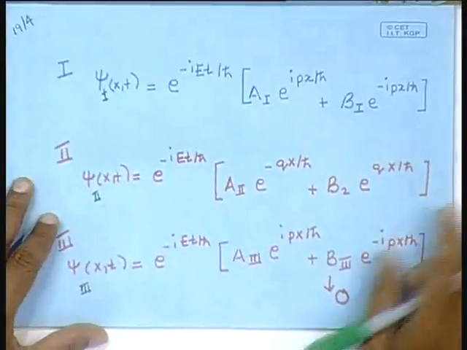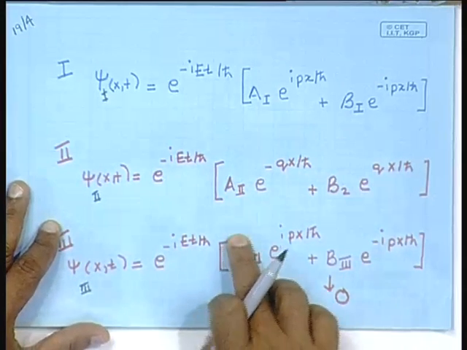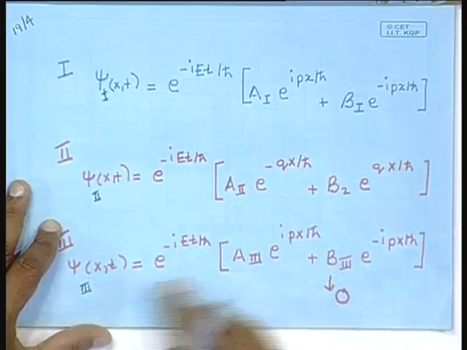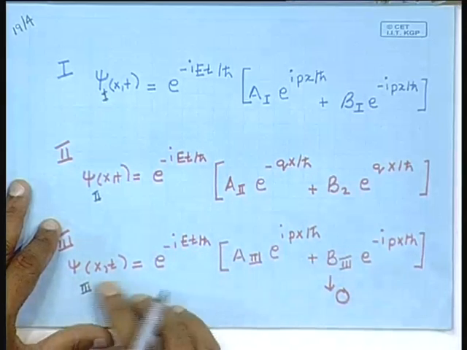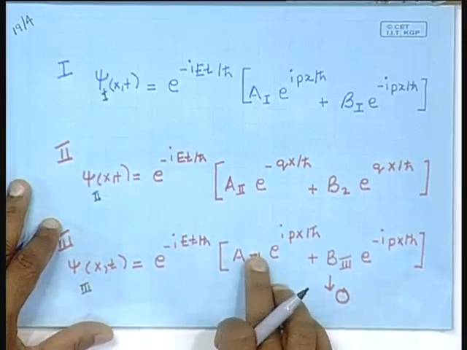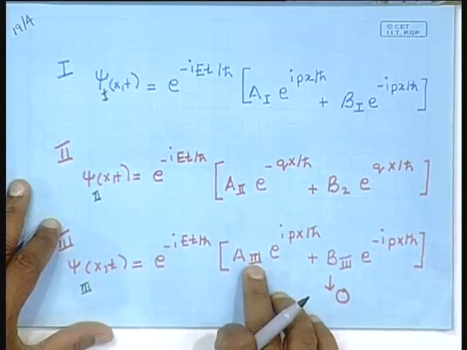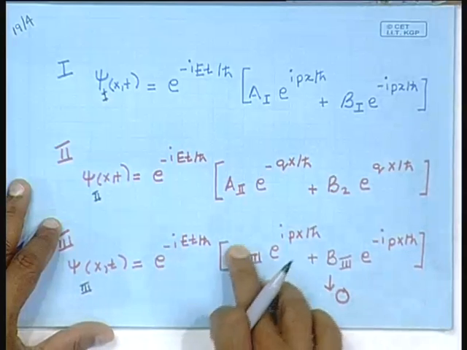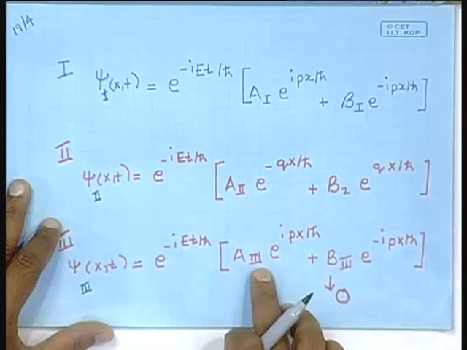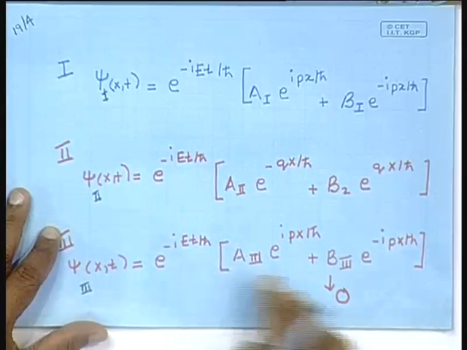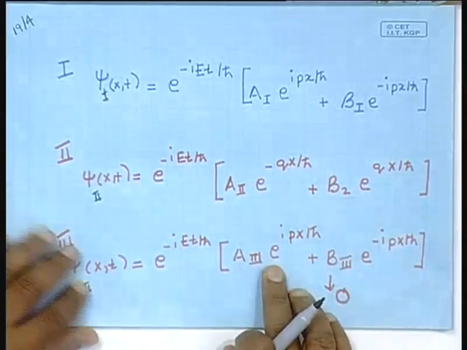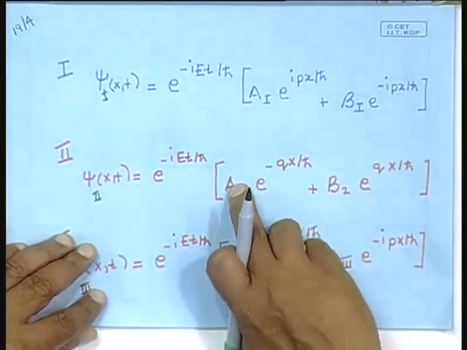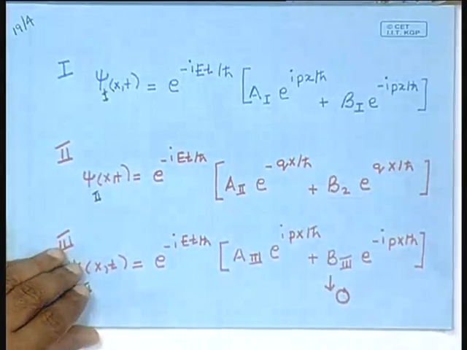Remember that A3 represents the wave function on the right hand side of the potential barrier, and this part of the wave function represents a particle going out with positive momentum p. So, this is the tunneling wave function. This represents the particle that manages to penetrate through the barrier, and we have obtained a relation between this amplitude and this amplitude.